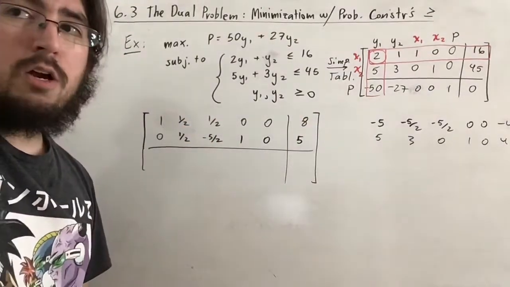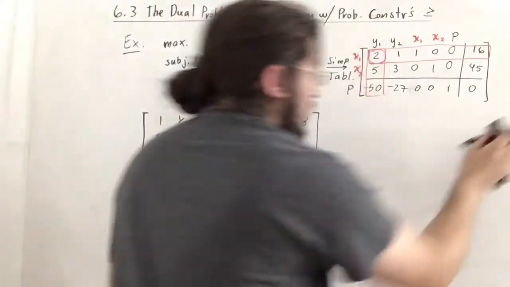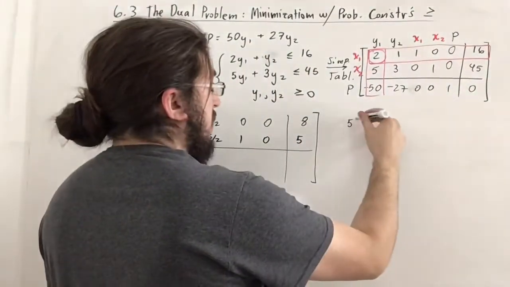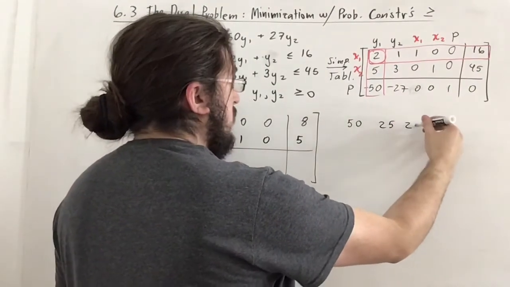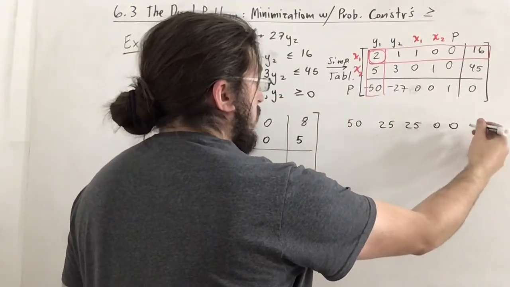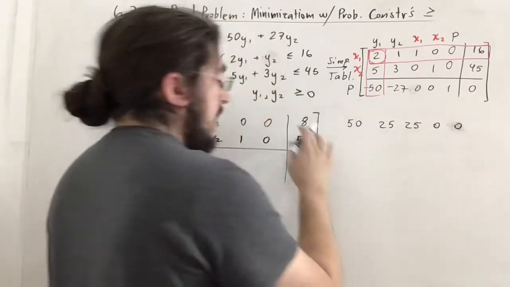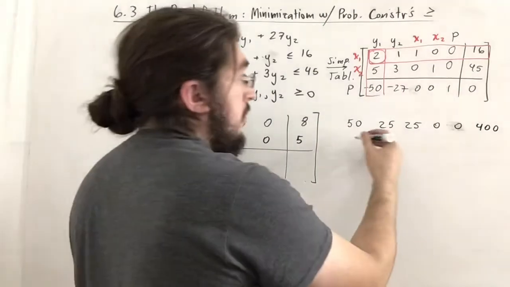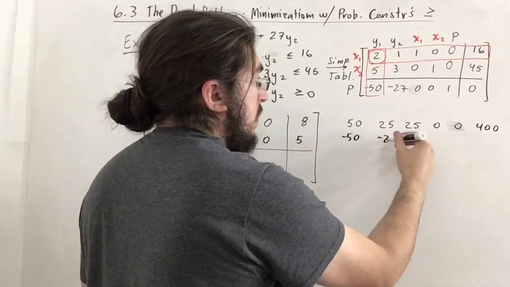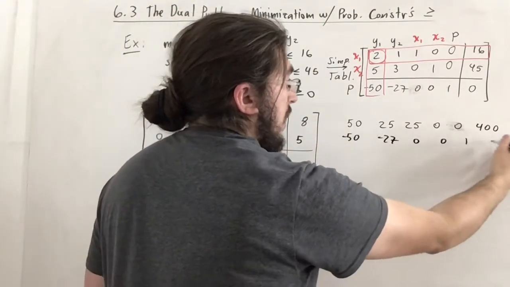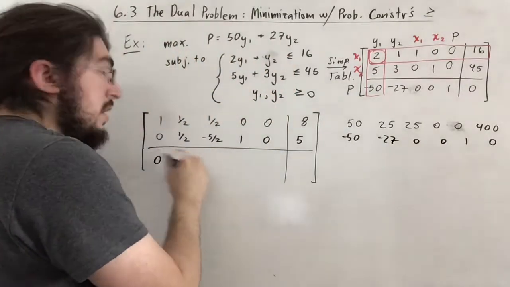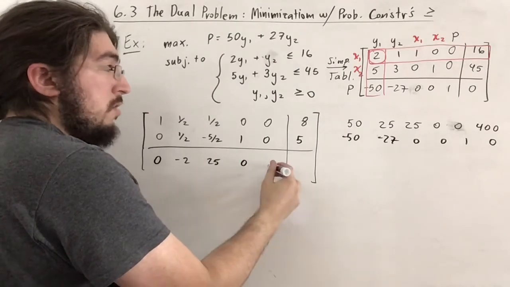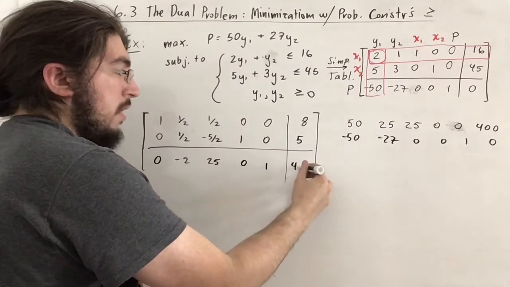So multiplying the top by 50, we get 50, 1/2 times 50 is 25, so there's 2 25s, then 2 zeros, and then 50 times 8 is 400. And we're going to add that to the original of the third: -15, -27, 0, 0, 1, and 0. So we'll naturally get 0, -2, 25, 0, 1, and 400.